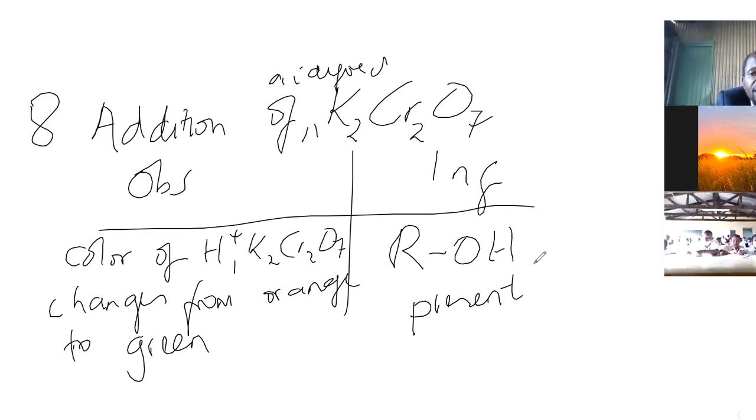The negative of that test is color of acidified potassium dichromate 6 remains orange. It remains orange. Where you say ROH absent.